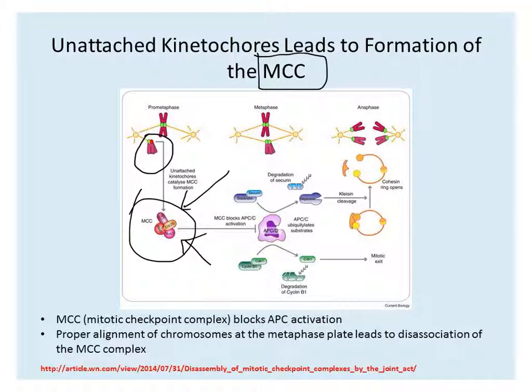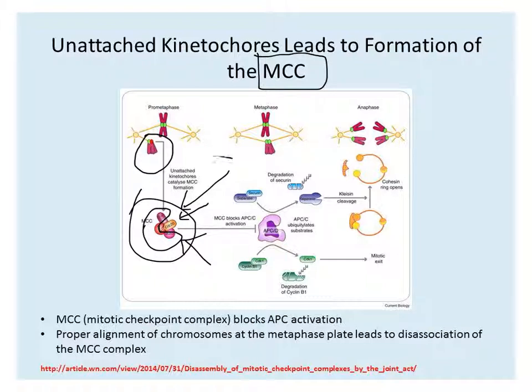This complex is important because these three proteins hold an important protein called CDC20. CDC20 normally, if it's released, will bind to the APC, and it's an important subunit of APC that leads to its activity so that it can actually lead to sister chromatid separation.